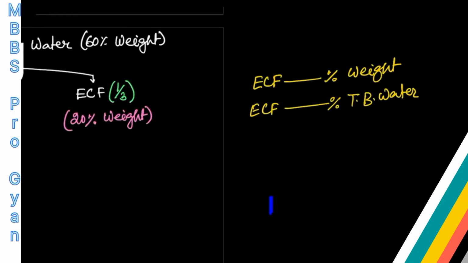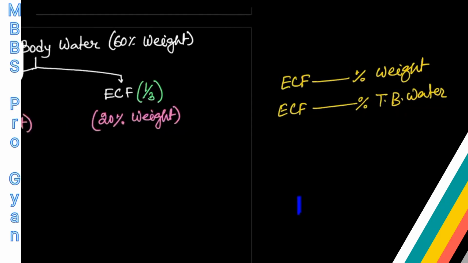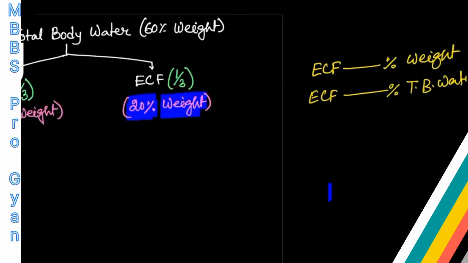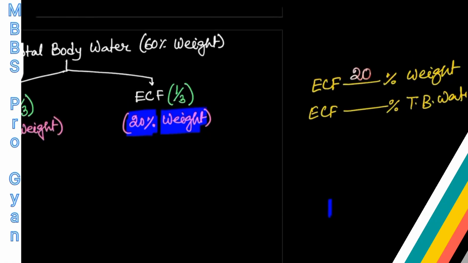The first question is asking ECF is dash percentage of body weight. I have written here that ECF is 20% of your body weight. So this is a direct question from here, 20% of the body weight. But the second question is asking ECF is dash percentage of body water.